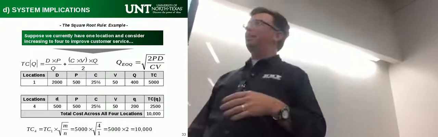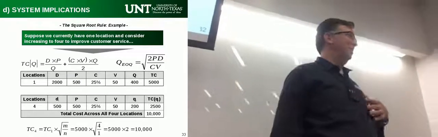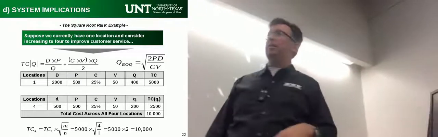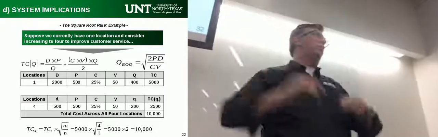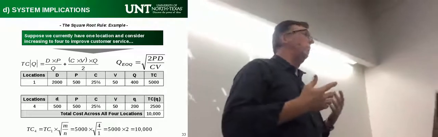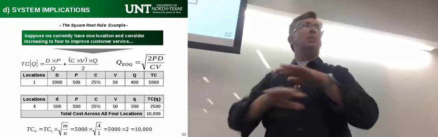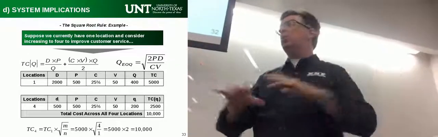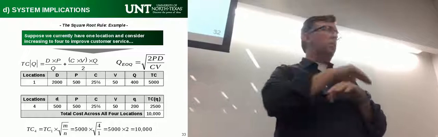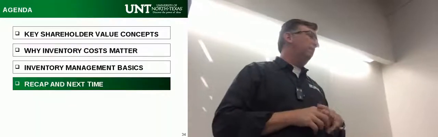Does that make sense? This is the magic formula, the square root rule, the rule of thumb, the whiz-bang formula that you whip out at the conference room table, because it doesn't matter how many locations you're talking about, it's a simple rule of thumb that gets you there.